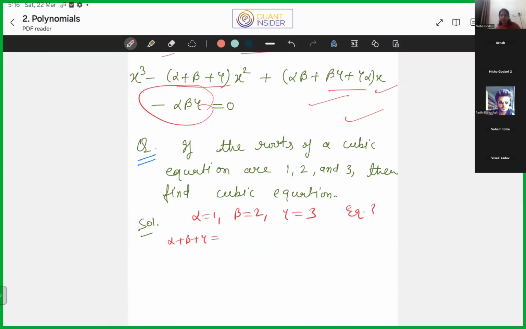What will be the cubic equation formed by using these three roots? You have to find these terms: alpha plus beta plus gamma, alpha beta, beta gamma, gamma alpha. First tell me the values of these terms, then you can directly tell me the equation. What are the values of all these three?